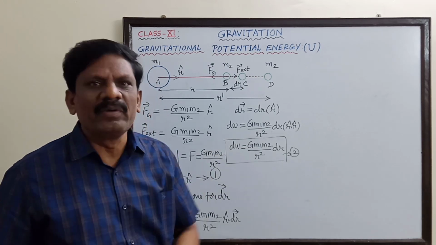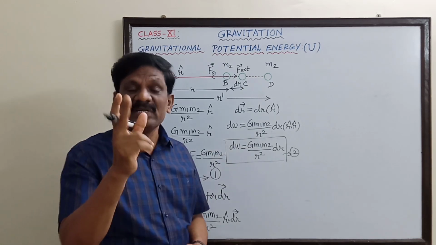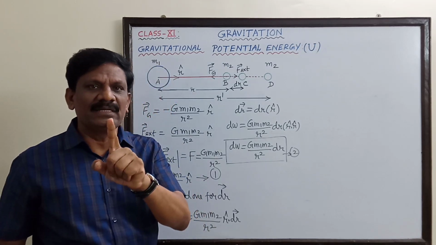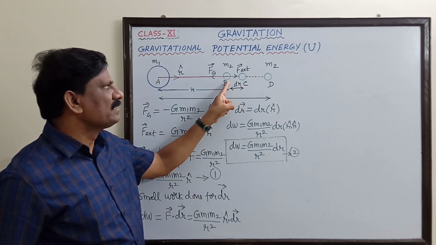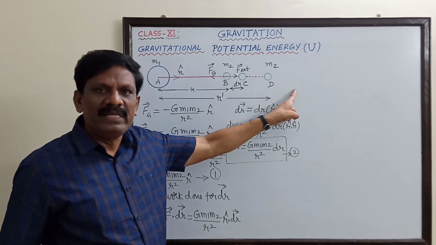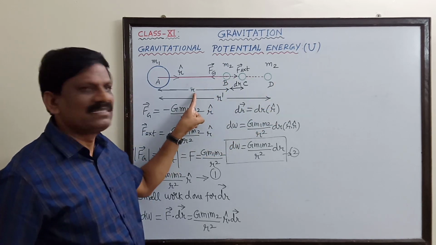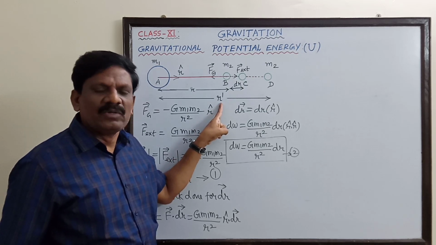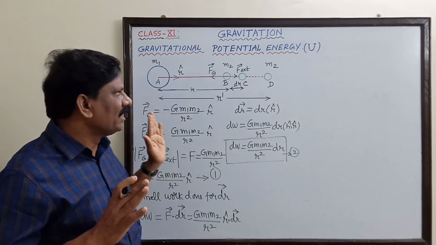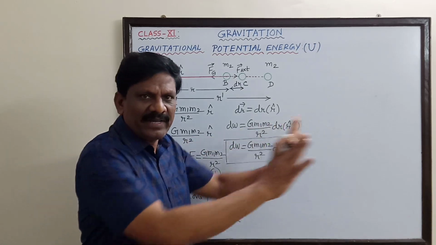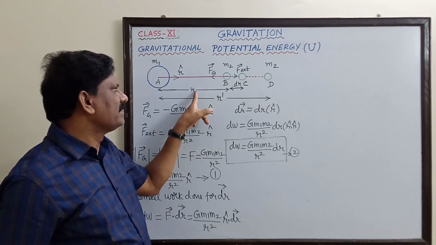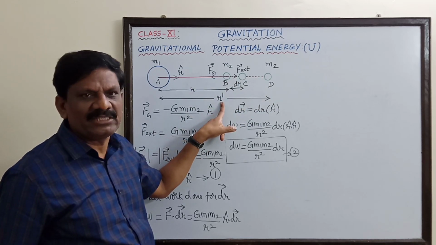Like this, what we are going to do? Here you should be very much alert, my dear students. There are two possibilities. I can move this mass from B up to D, that is from initial distance r to a final distance r dash. Understand? So in this case, we are pushing towards the right from lower potential to higher potential. So the lower limit is r and the upper limit is r dash.